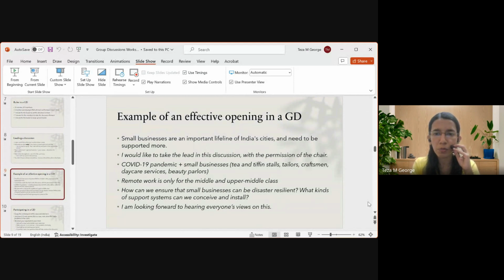We're referring to small businesses such as tea and tiffin stalls, tailors, craftsmen, daycare services, and beauty parlors. Remote work is an option that is available only for the middle and upper middle classes. So, how can we ensure that small businesses can be disaster resilient?